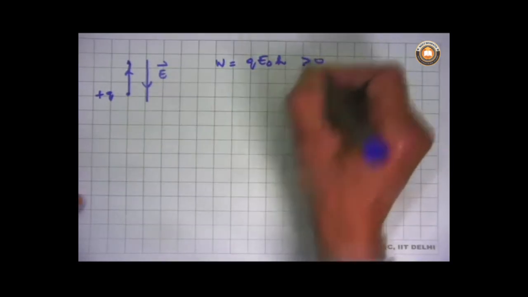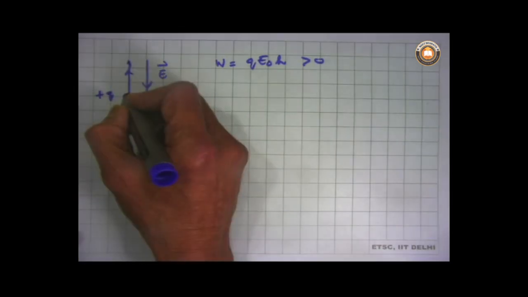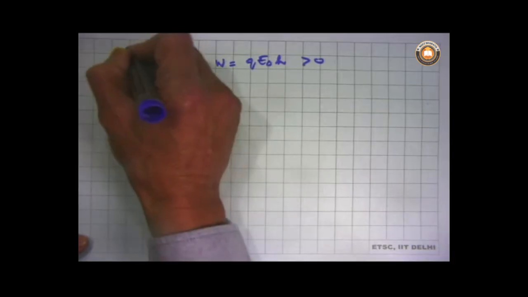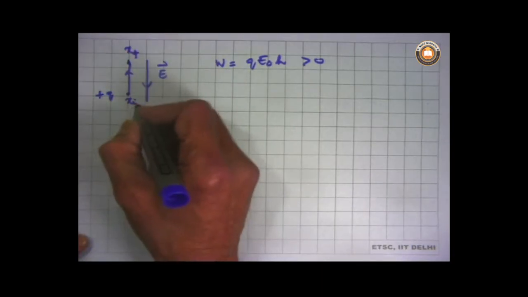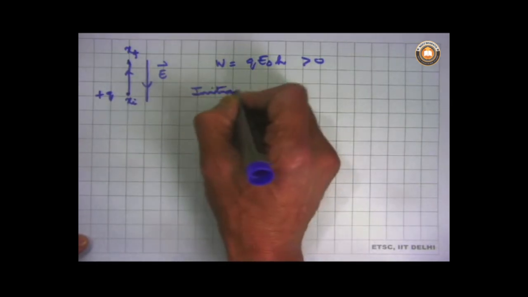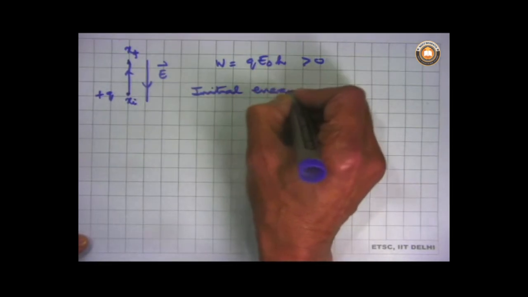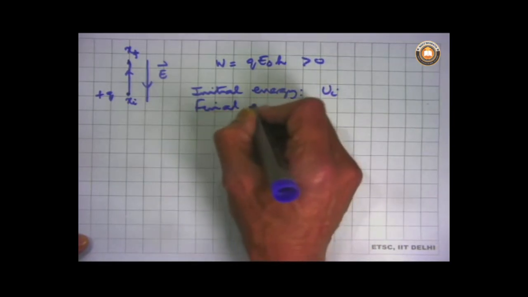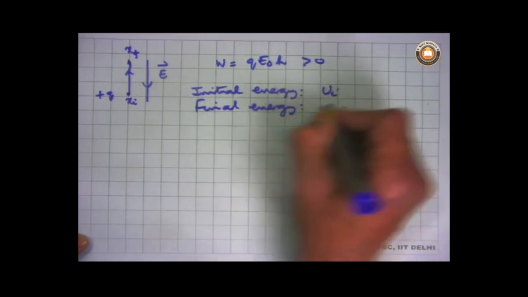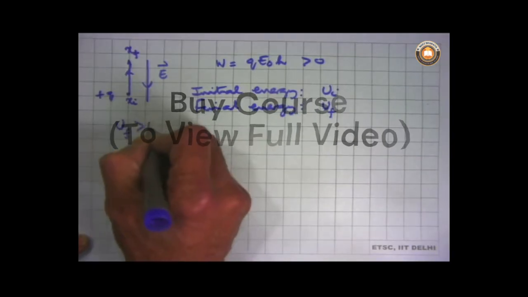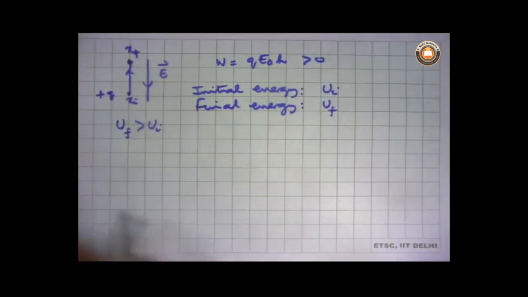So, W is greater than 0. That means, I need to do work on this charge in taking it from this point xi to xf. If I call the initial energy of the charge as Ui, and final energy as Uf, you see here in this case Uf is greater than Ui. The potential energy at this point is more than the potential energy at this point.